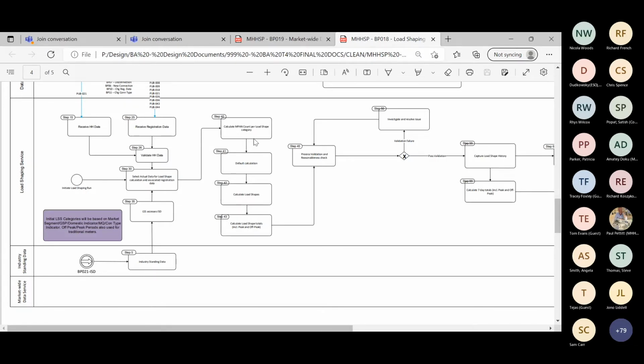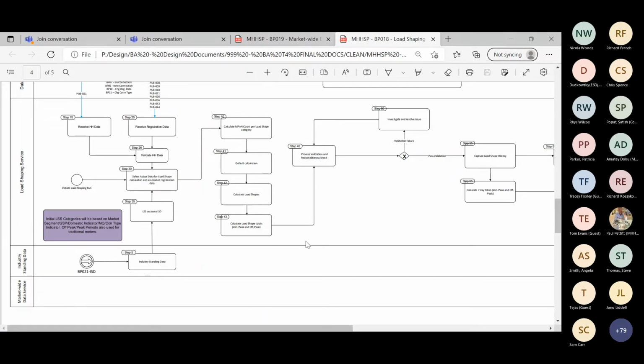That will go into the calculation, and on a daily basis for a given UTC date, it will perform the calculations. If there are insufficient metering systems, currently we're saying less than 50, within a GSP group, it will perform a default calculation using wider data. So it might calculate a national load shape if there are too few metering systems with actual data.